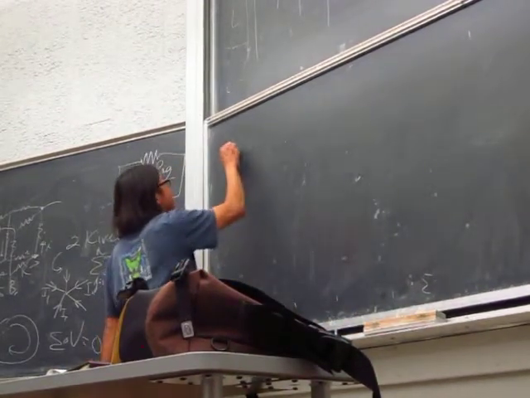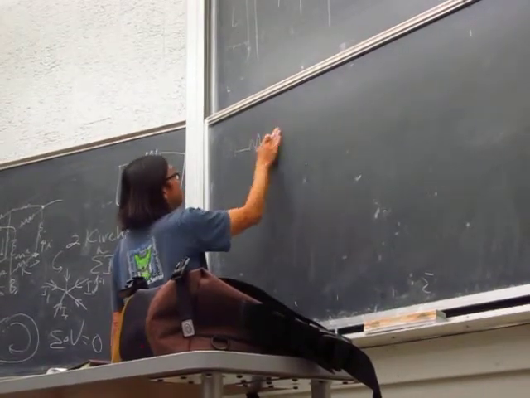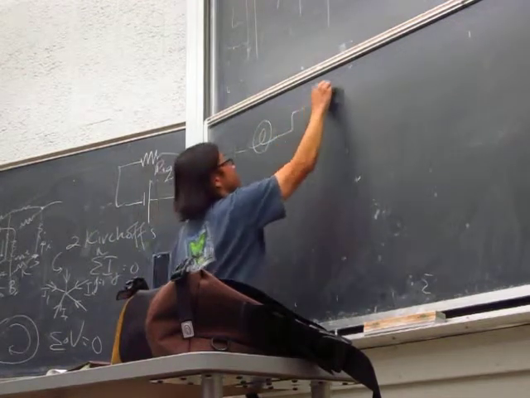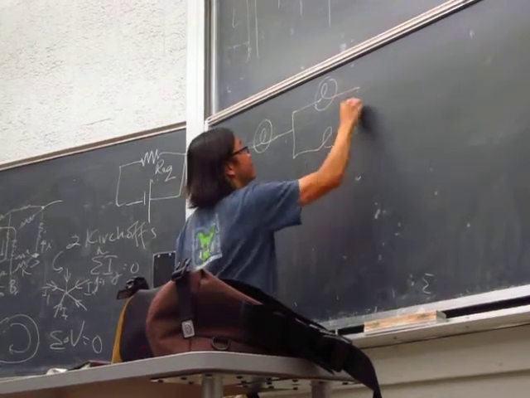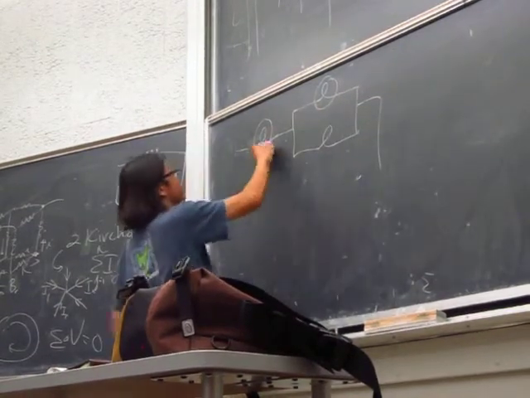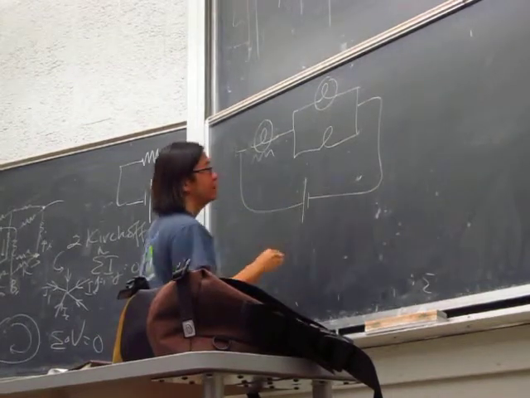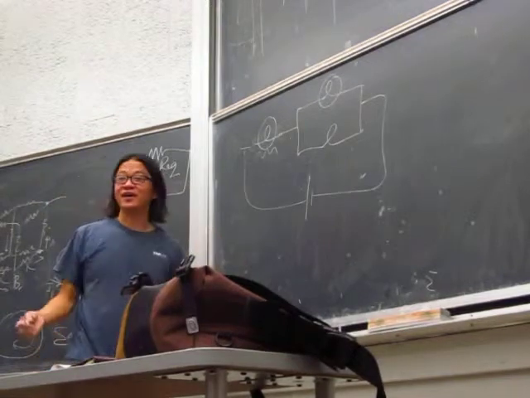This is the problem I gave you yesterday. If this is a light bulb, same light bulb. So instead of drawing the resistor, I'm drawing a light bulb. And the question is, which one is going to be the brightest?